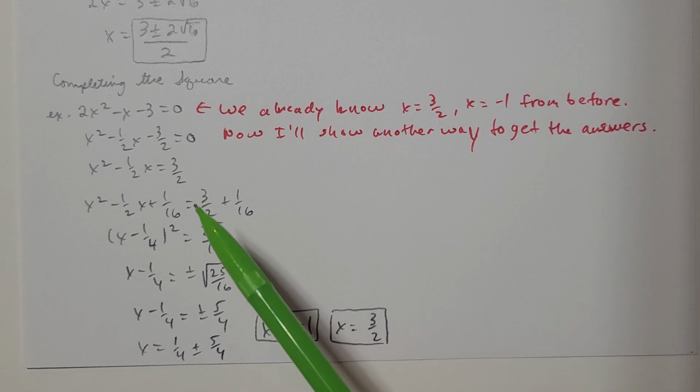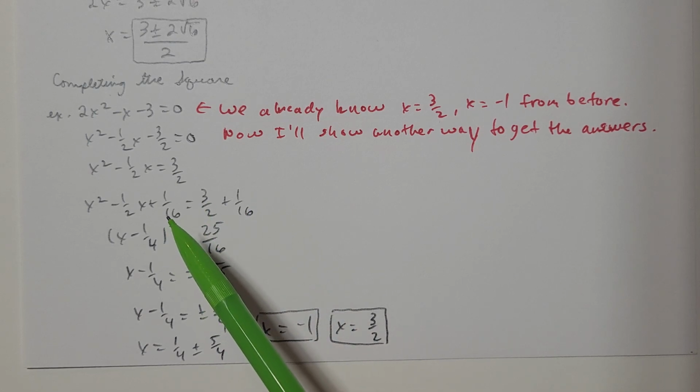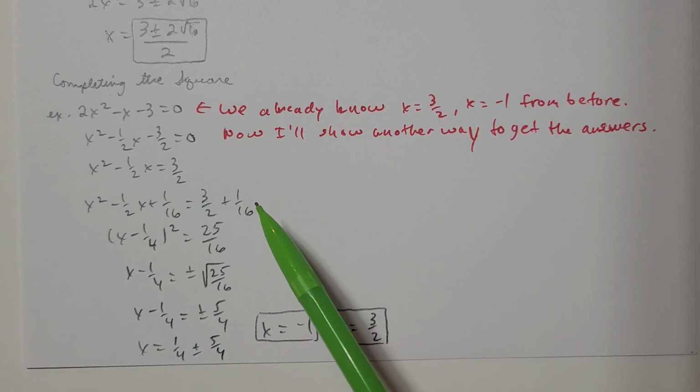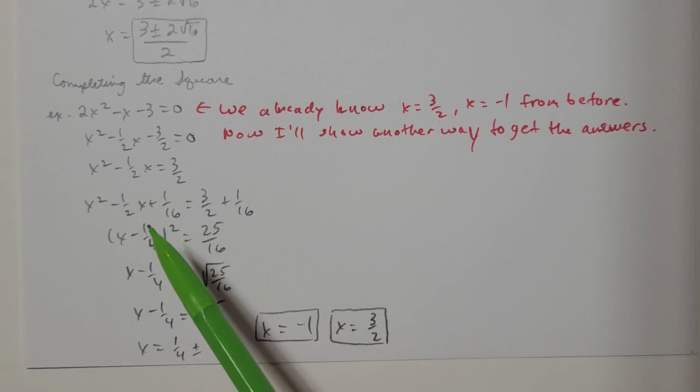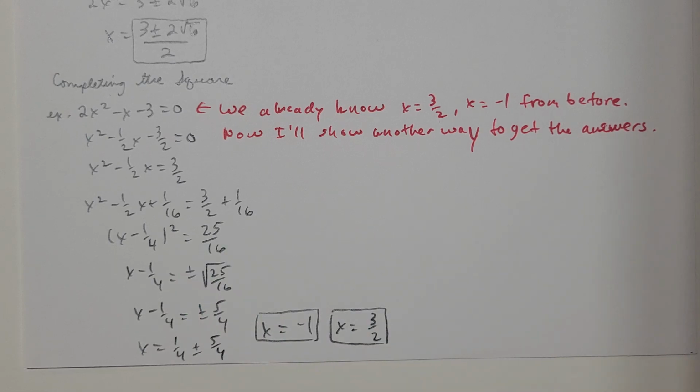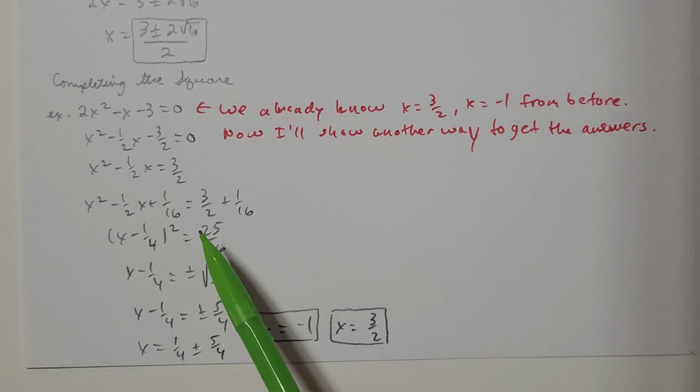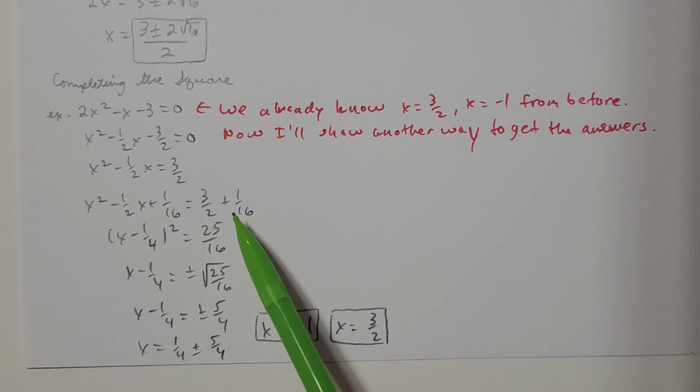So because I was squaring a negative 1/4 in the previous line, I'm going to have x minus 1/4 as the two factors. It's like I don't even have to think of it because I already know the answer, right? So then x minus 1/4 squared equals 3/2 plus 1/16.